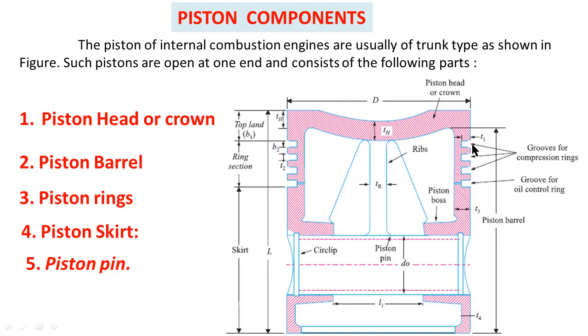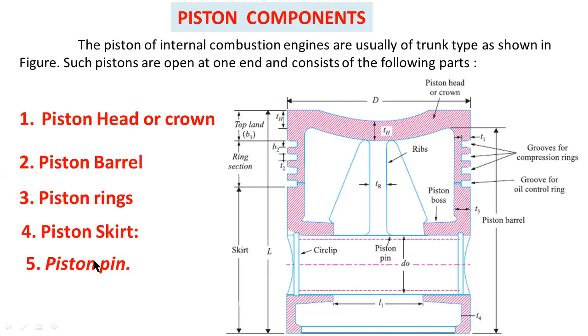The first three grooves are used for piston compression rings, and the last one is used for inserting the oil or scraper ring. So these piston rings are used to seal the cylinder in order to prevent the leakage of gas from the combustion chamber into the crankcase.